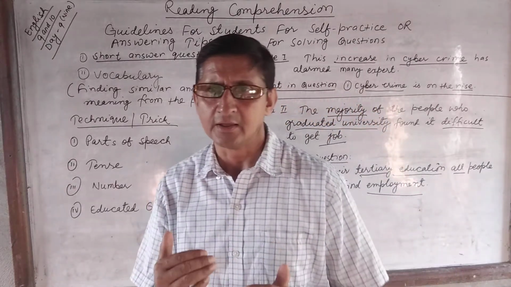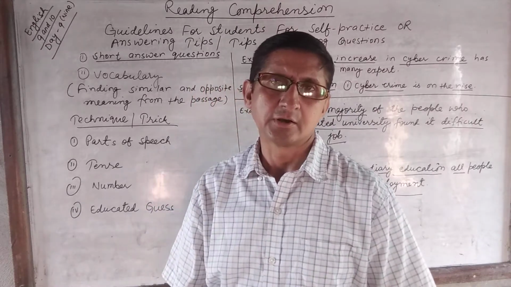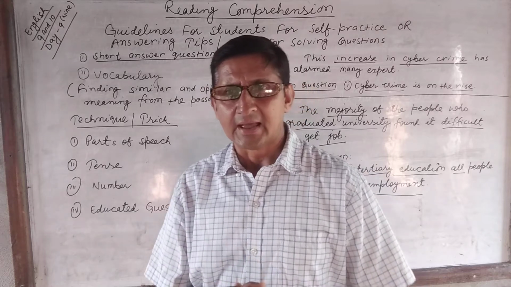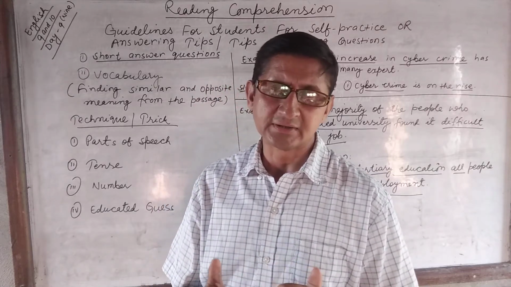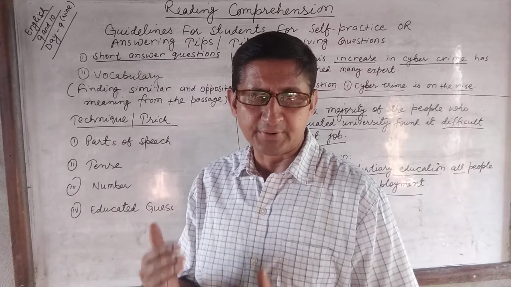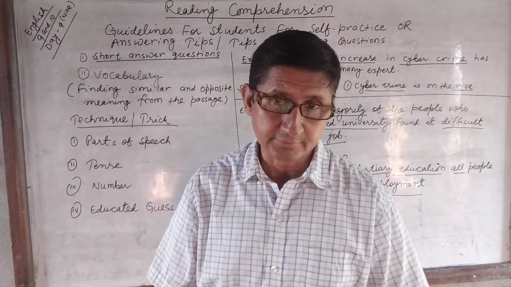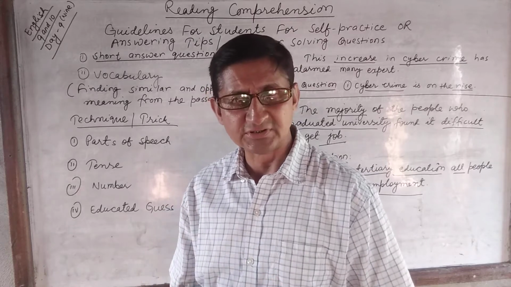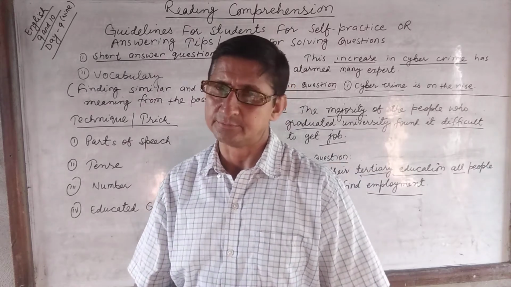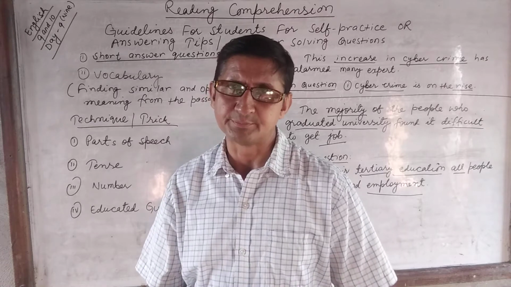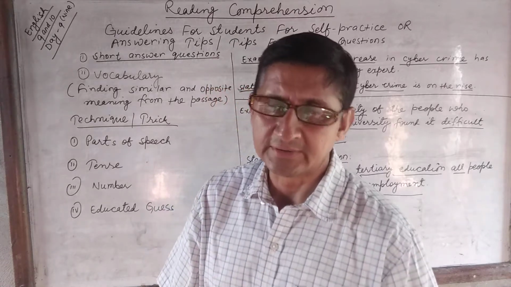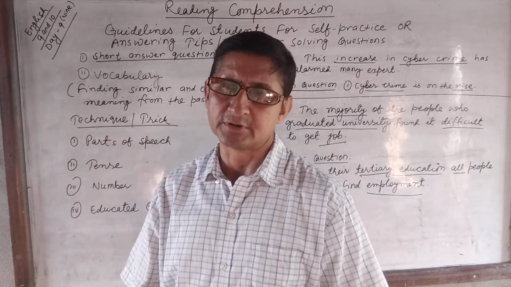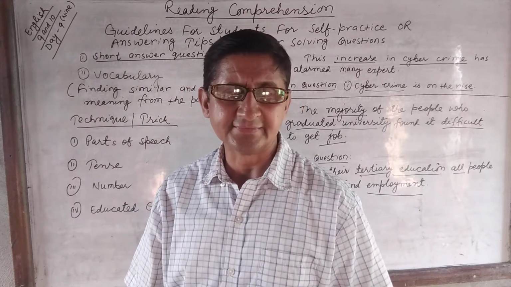The next technique, next trick is tense. It means you should know the tense of the word, tense of the verb, and identify whether it is in present infinitive, that is V1, or past tense V2, or past participle V3, present participle V4, or in ing form, or simple present third person singular, that is V5.